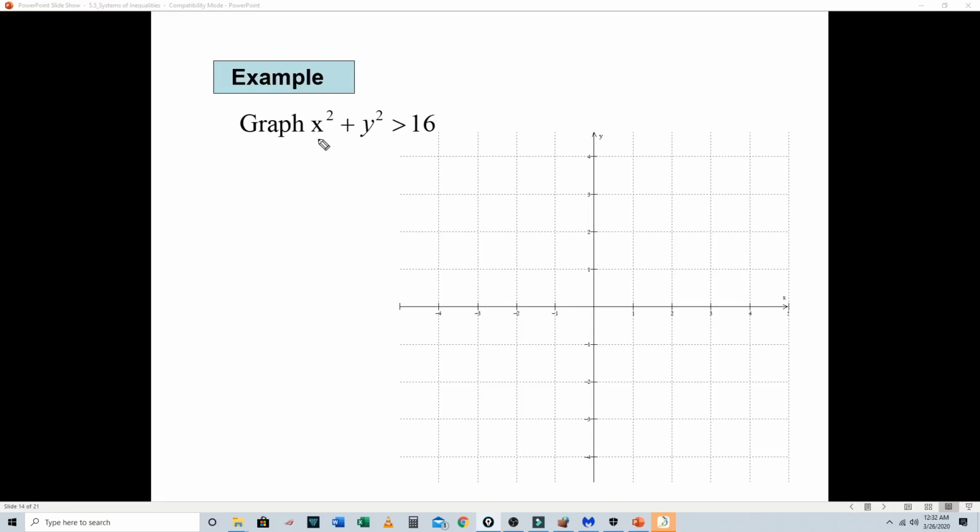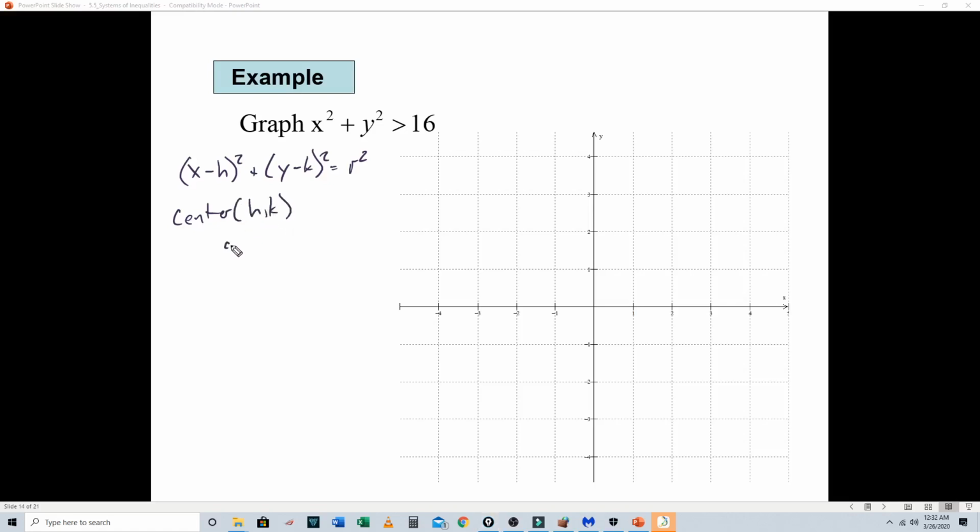Here, this is how we know it's a circle: they're both squared. If you remember the formatting, x minus h squared plus y minus k squared equals r squared. Anything in the parentheses is your center, which is (h, k).